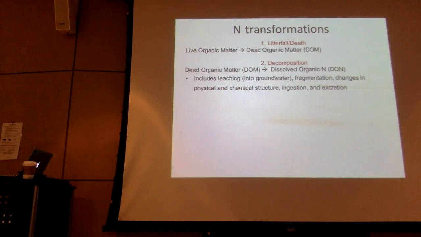When you just fragment nitrogen compounds, this can involve changes in physical and chemical structure, ingestion, and excretion. So there is some dissolved organic nitrogen that is in meat. Okay.